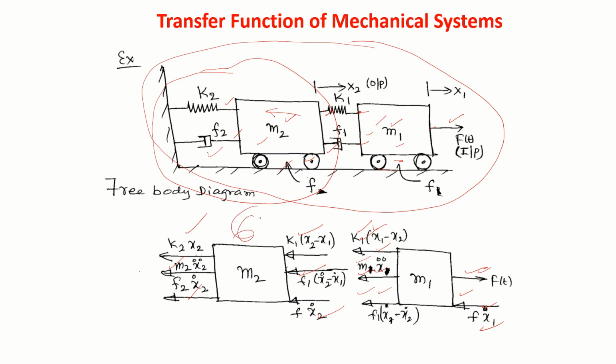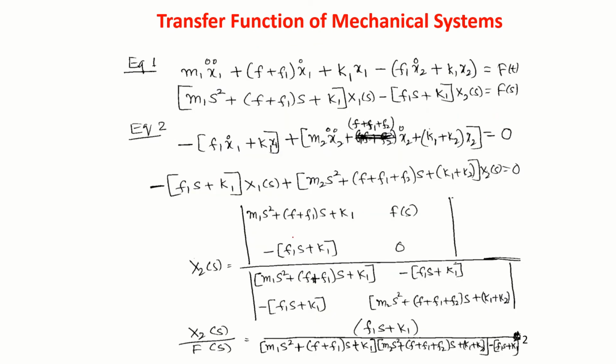Now let us write the differential equation for this, then for this. As I mentioned, all the x1 double dot, x1 dot, x1, then x2 double dot, x2 dot, x2, then force. Organize in this fashion. Here also you organize. Now you are solving for x2.